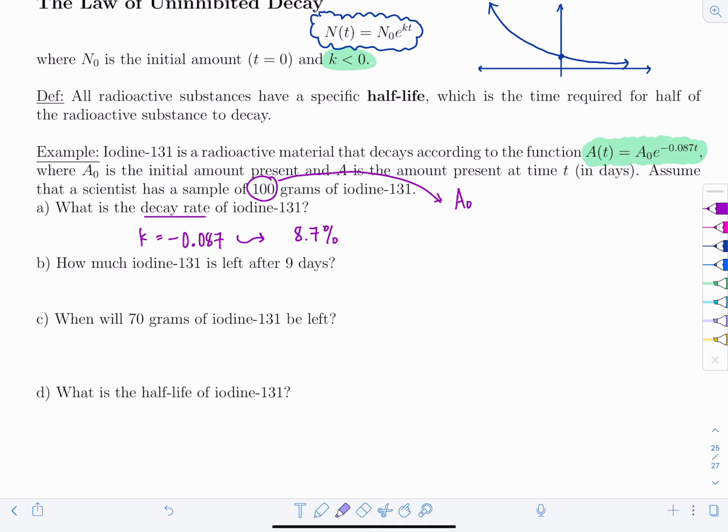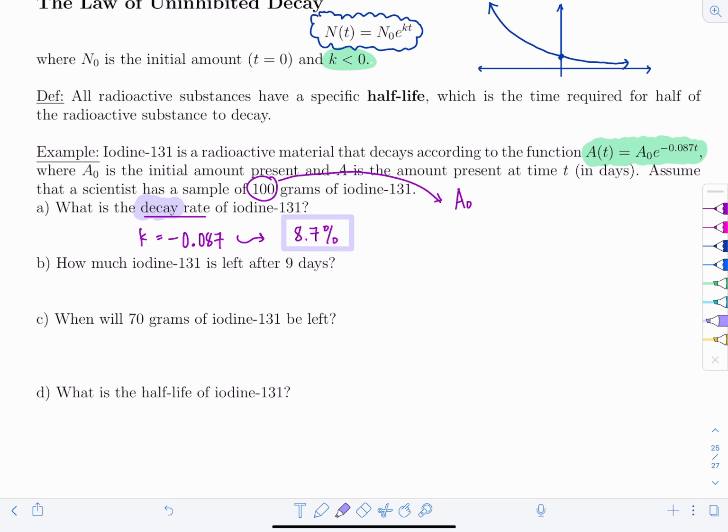Now, since this already states the word decay, it implies that it's negative. So I'm not going to add an extra negative. I'm just going to say the decay rate is 8.7%. If they said, what's the growth rate? Then I would say negative 8.7% so that they know it's actually decaying. But since they already said the word decay in the problem, they know it's negative.